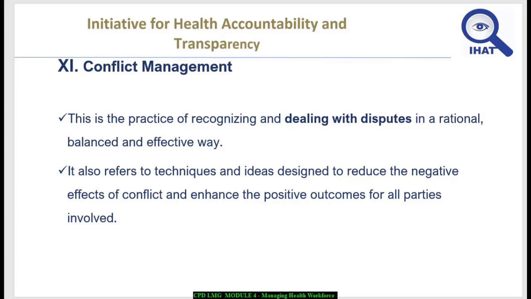Conflict management is the practice of recognizing and dealing with disputes in a rational, balanced, effective, and fair way. It also refers to techniques and ideas designed to reduce the negative effects of conflict and enhance the positive outcomes for all parties involved.